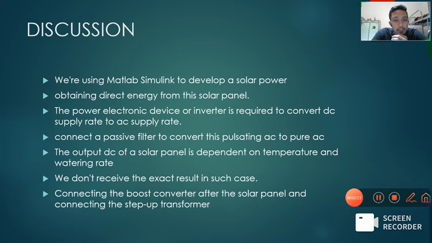Another issue is that the output DC of a solar panel is dependent on temperature and irradiance. The temperature in the atmosphere is not constant. It varies from dawn to evening. In the afternoon, we obtain maximum power, whereas in the morning, evening, or on cloudy days, we only get low power.